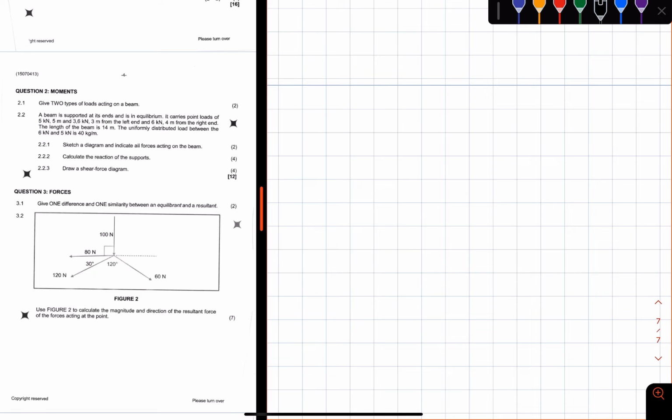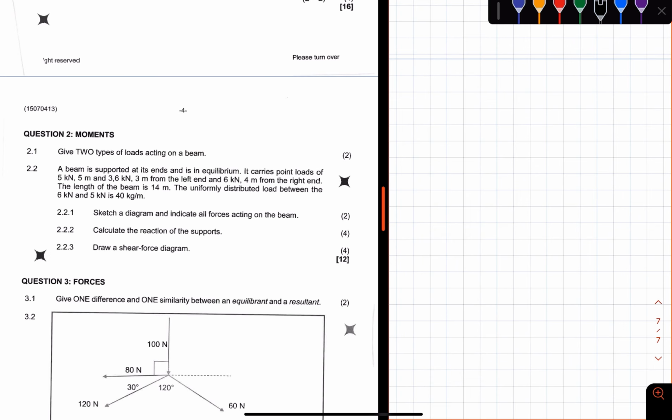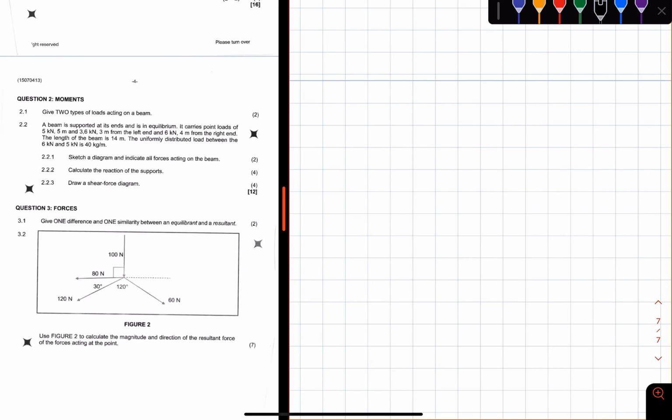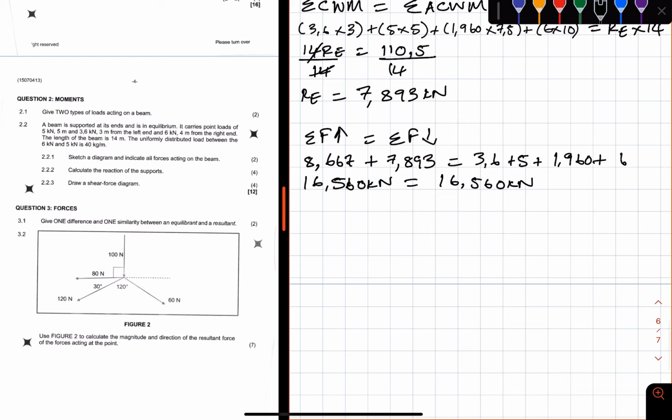So let's move on to question 2.2.3. Right, so 2.2.2 was 4 marks. So if you do this, right, you should get 4 marks. Right, it's always important, even though maybe they haven't mentioned it in the question, to prove your answers, to try and make sure that at least based on your calculations, the beam is in equilibrium, right?